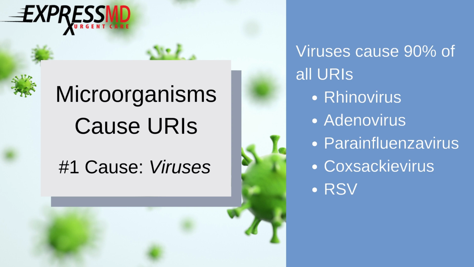These viruses as a group cause the common cold, which is the most well-known upper respiratory infection, or URI. Over 90% of all URIs are viral in nature, which is why antibiotics are not effective for the typical upper respiratory infection.